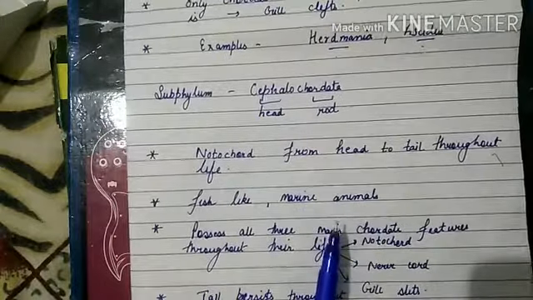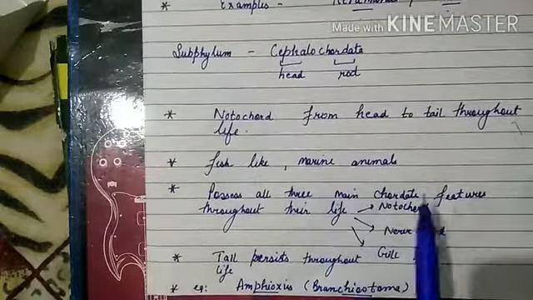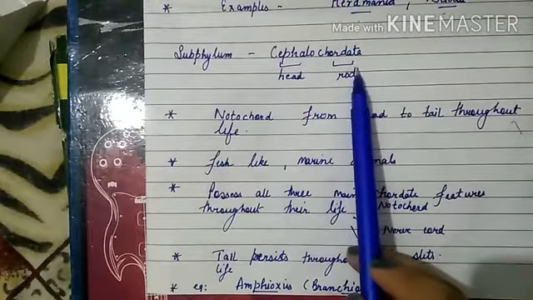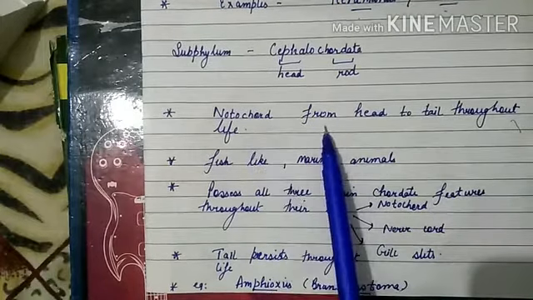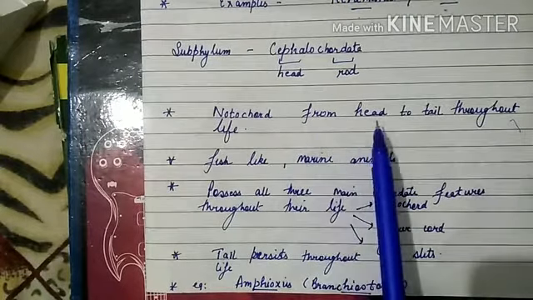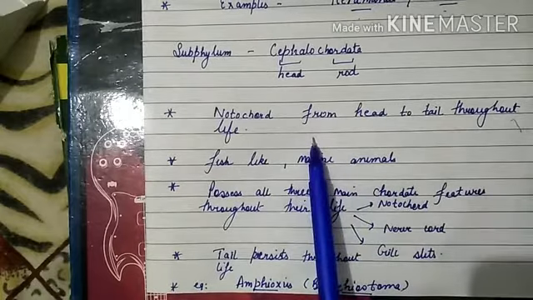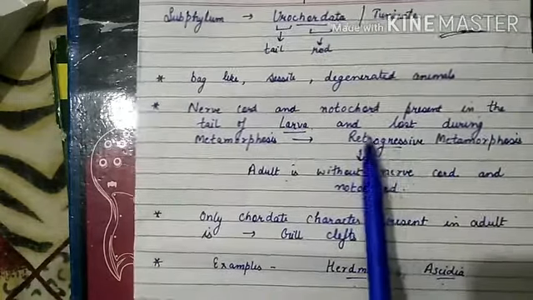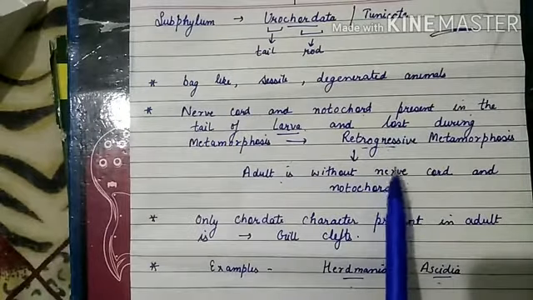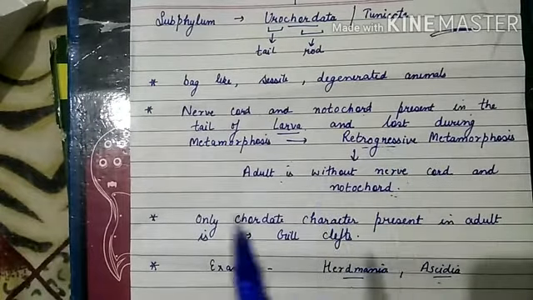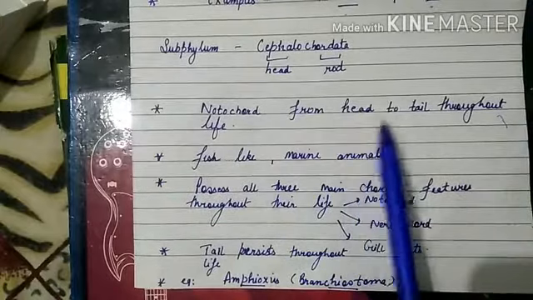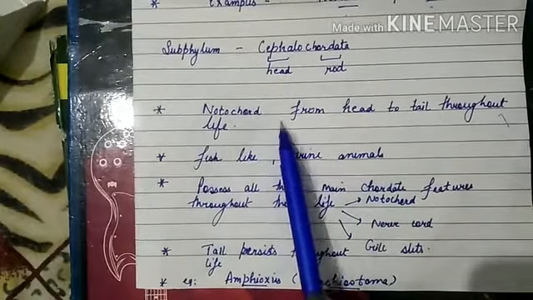Then we will see the subphylum Cephalochordata. In Cephalochordata, cephalo means head and chordata means rod. This means the notochord persists from head to tail and is present throughout life. In Urochordata, the notochord and nerve cord are present in the tail region only in the larval stage, but in Cephalochordata the notochord is present from head to tail throughout life.